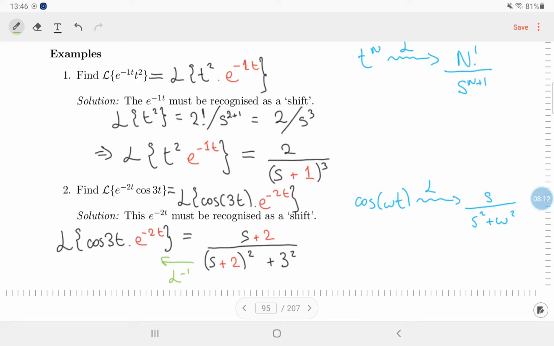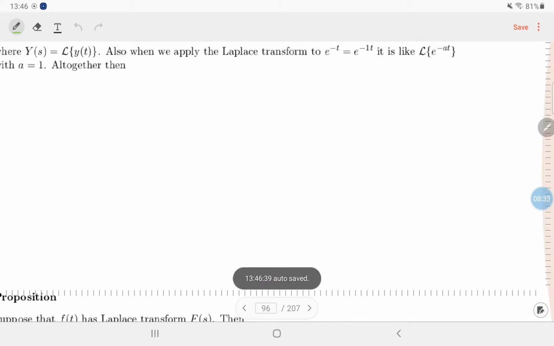So we'll be bringing back the s over s squared plus 3 squared to cos 3t, but because it was shifted to s plus 2, we must multiply the cos 3t by the negative exponential, the exponential shift. We will come back to that again. It will probably be the hardest thing we do.